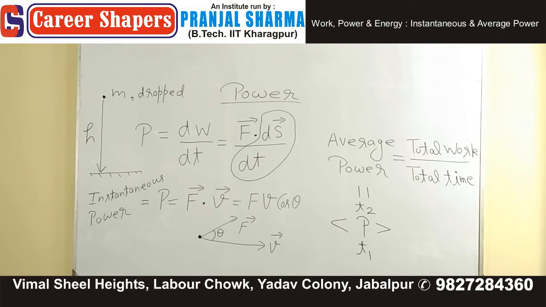Question is find out instantaneous power just when it is about to hit the ground, and average power for the total drop. From top to bottom, you need to find average power. I'm telling you, it's a very easy question.